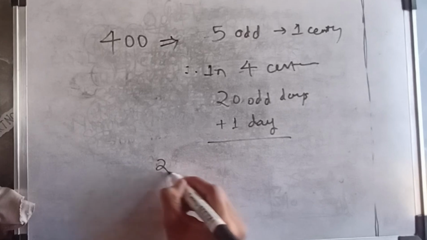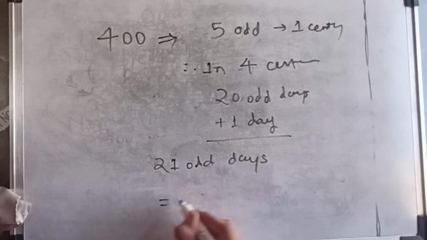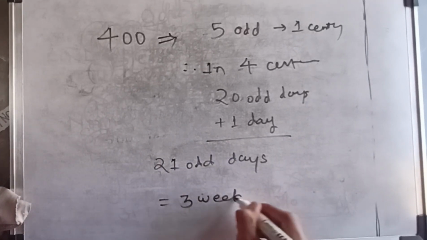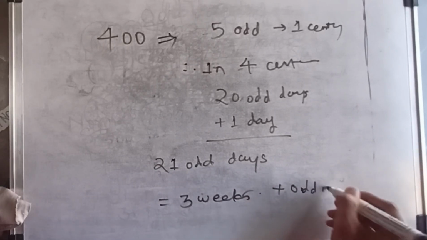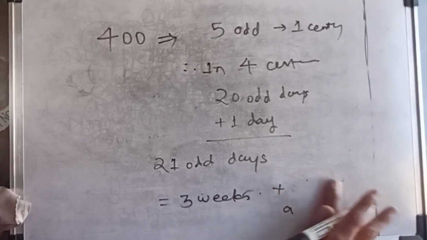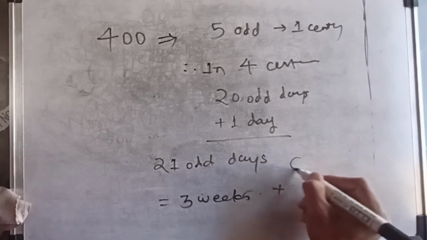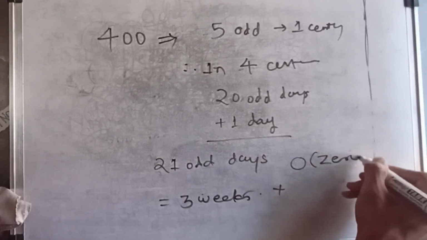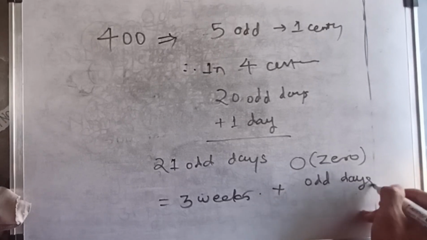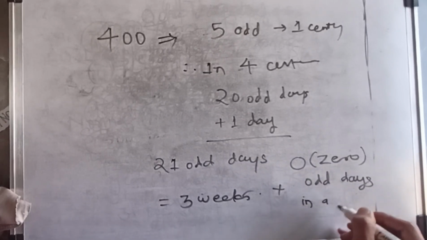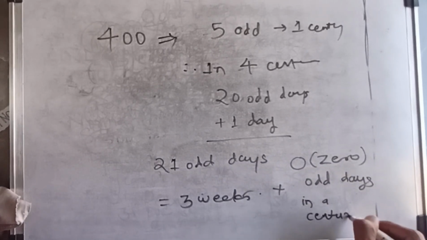So there are 21 odd days, which means 3 weeks. So there are actually 0 odd days in 4 centuries.